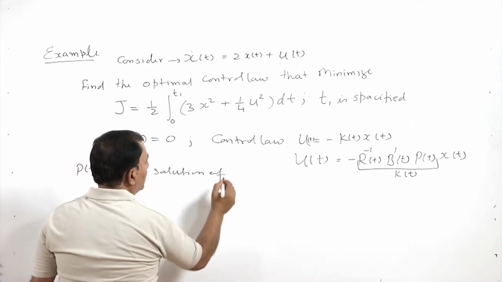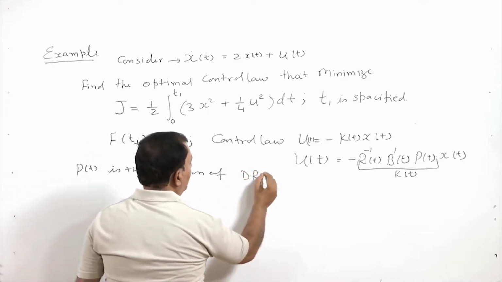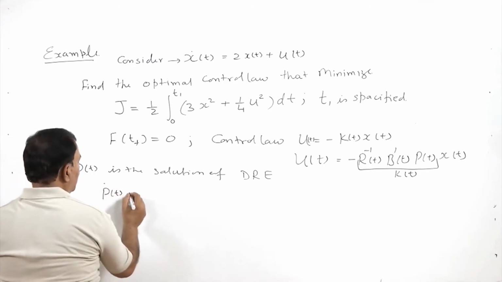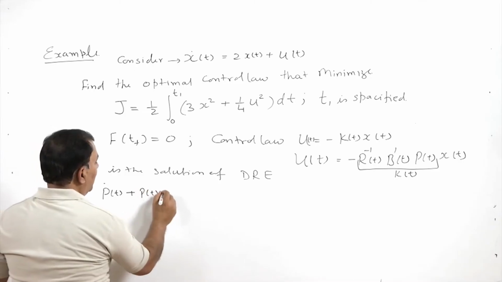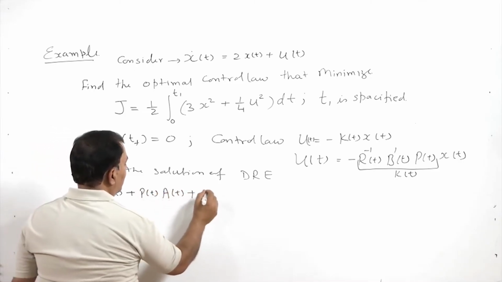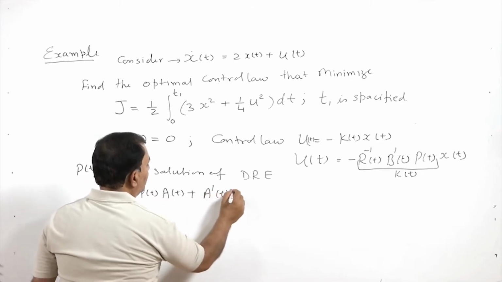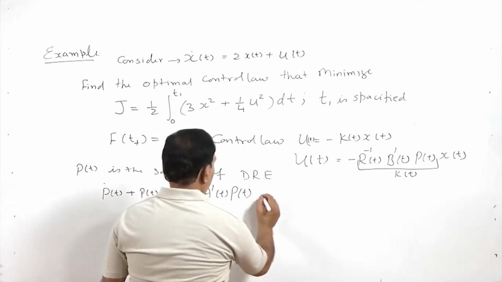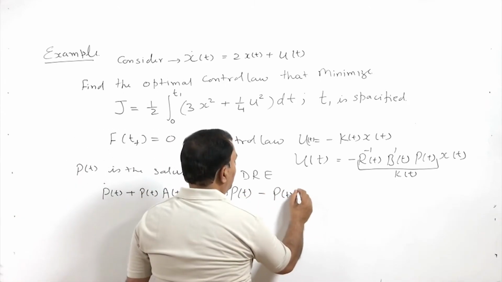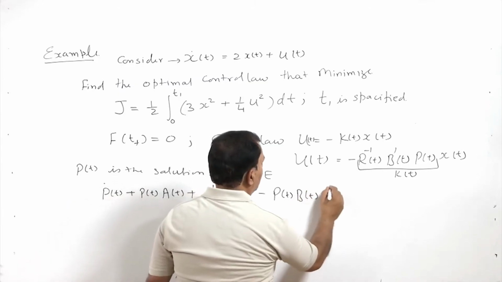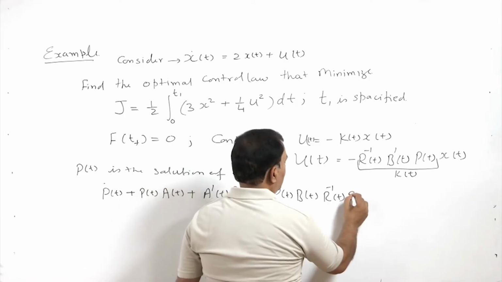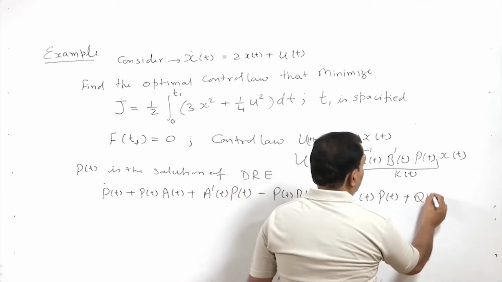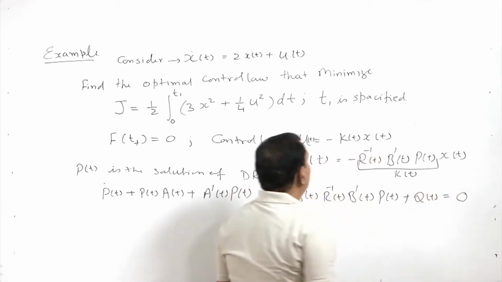is the solution of my differential Riccati equation, which is given as P dot t plus PA plus A transpose P minus P B R inverse B transpose P plus Qt equal to 0.